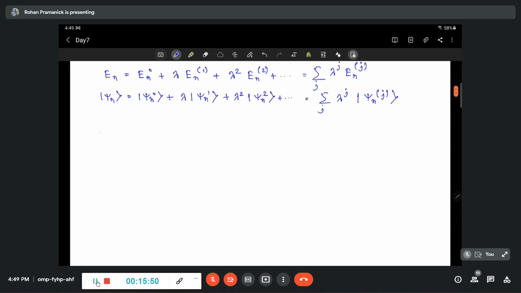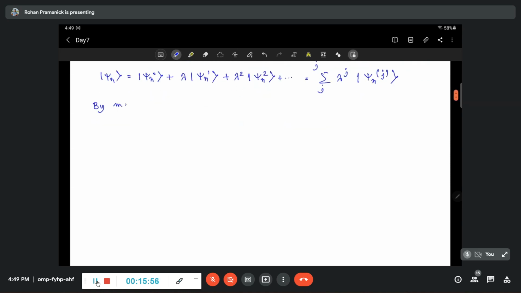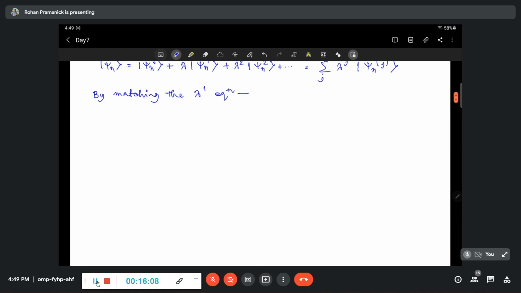And by matching the lambda to the power 1 equation, we got the corrected energy eigenvalue for the first order, which is nothing but the inner product of psi n 0 with H prime and psi n 0.